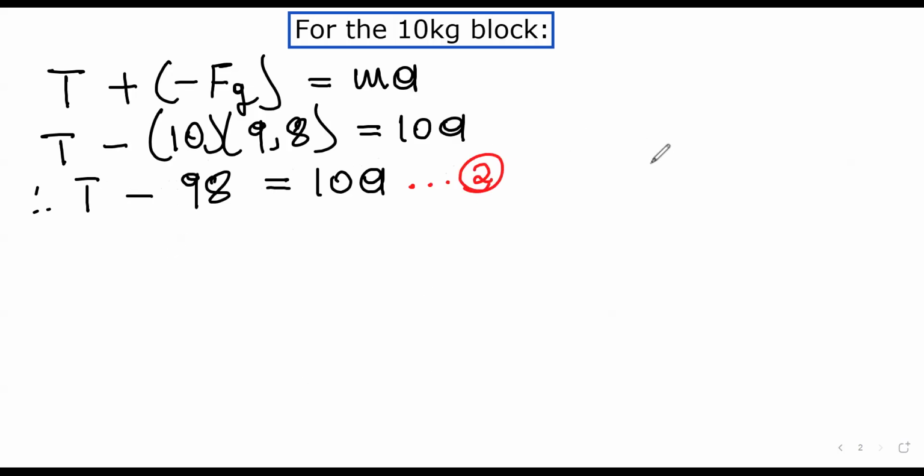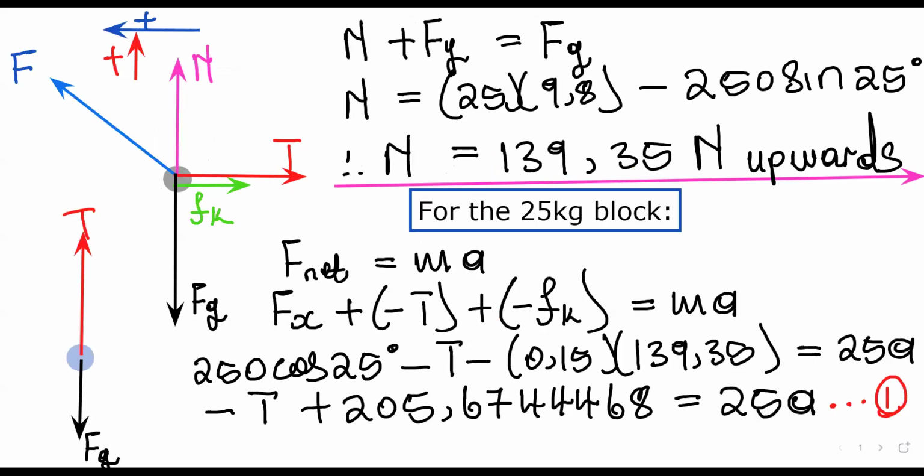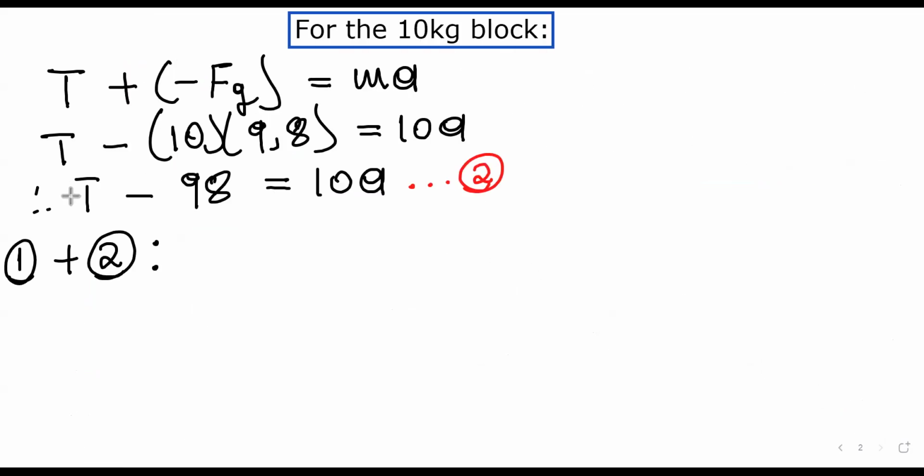And here I'm going to use the elimination method. So in order for me to eliminate, I need to add these two equations. Why do I need to add them? Well, that's because the tension is negative on the first equation, and now it's positive on the second equation. So negative T plus T will be 0.